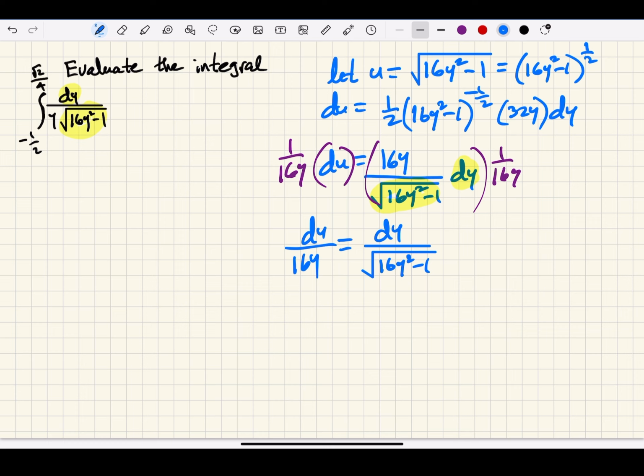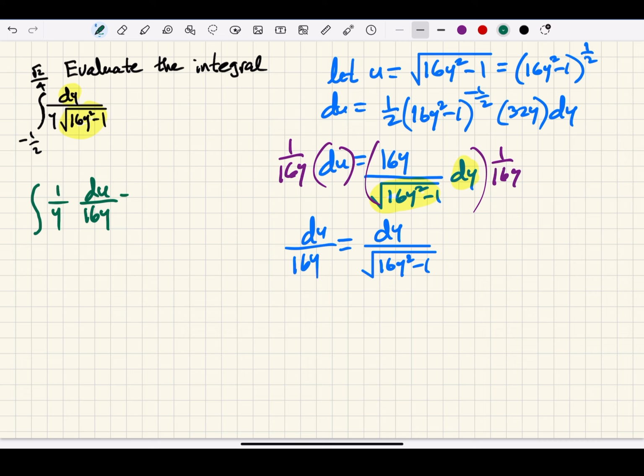So I could make that substitution. So let's ignore the limits of integration for right now, and let's just work with this integral. So dy over the square root of 16y squared minus 1, I can write as du over 16y. And I already have this other y in the denominator, so I could write that as 1 over y.